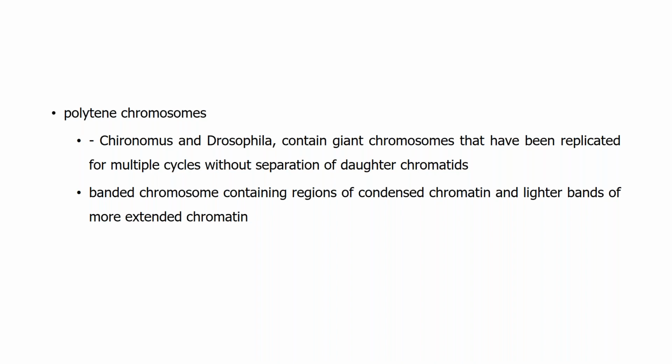Like in some insects, Chironomus and Drosophila, they contain giant, huge chromosomes that have been replicated for multiple cycles without separation of the daughter chromatids. ठीक है, मल्टीप्लाई होता जा रहा है लेकिन डॉटर क्रोमैटिड सेपरेट नहीं हो रहे. अदरवाइज यूजुअली तो माइटोसिस में ऐसे ही होता है कि डॉटर क्रोमैटिड सेपरेट होते जाते हैं, न्यूक्लियर सेल बनते जाते हैं. एक ही सेल में अगर डॉटर क्रोमैटिड सेपरेट ना हो लेकिन मल्टीप्लिकेशन होती जाए तो देयर क्रोमोसोम विल बिकम जायंट. ठीक है, सो दीज बैंडेड क्रोमोसोम्स कंटेन रीजन्स ऑफ द condensed chromatin and lighter bands of more extended chromatin. These are the polytene chromosomes.